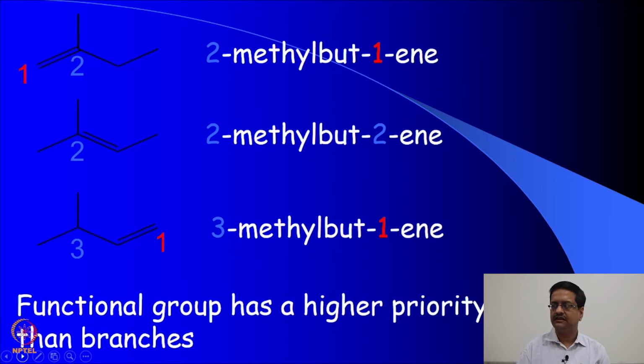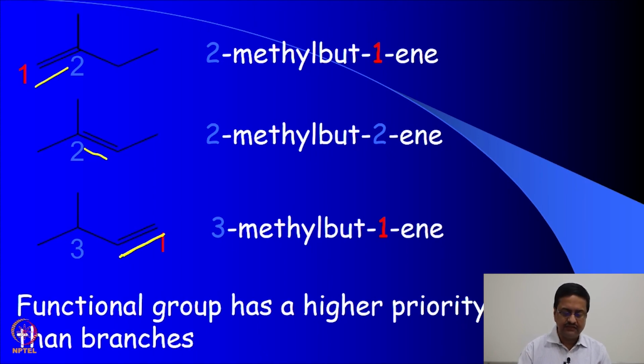So, here are some more examples of double bonded compounds. You can see the names of these molecules. The first one is named in such a way that you have the double bond between 1 and 2. In the second one, the double bond is between 2 and 3, and in the third case the double bond is again between 1 and 2, but on the other side, because the position of the double bond decides the way it should be numbered.